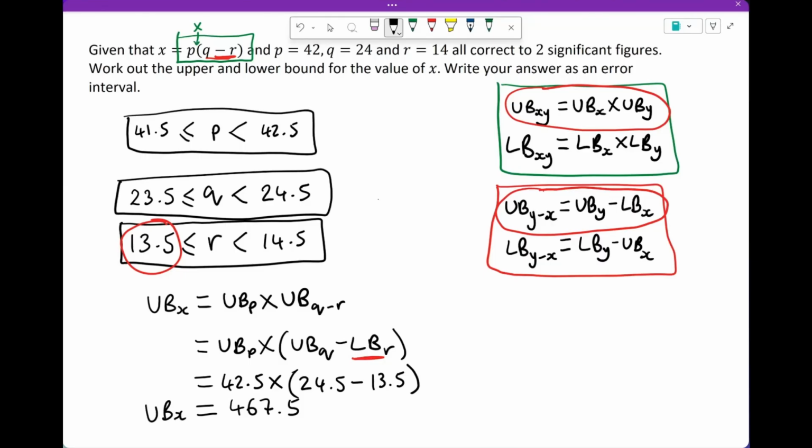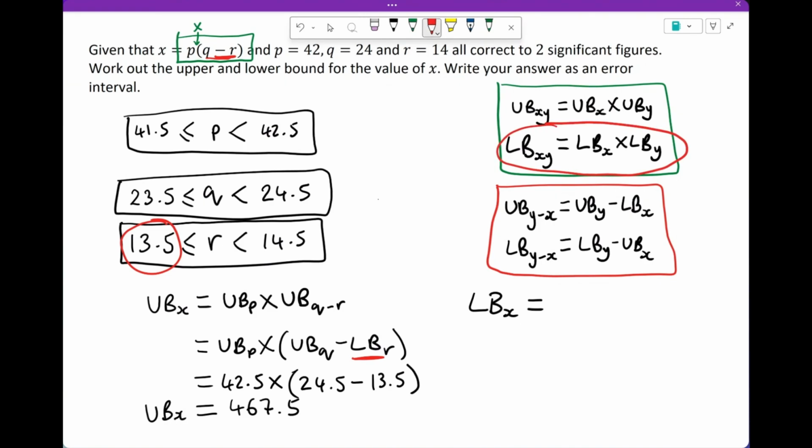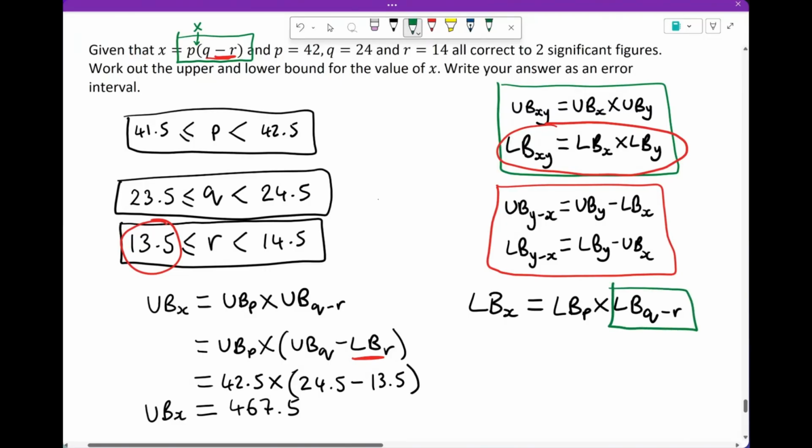Now let's consider my lower bound for x. So first off, let's consider the overarching calculation, which is a multiplication calculation. So we need the lower bound of multiplication, which is the lower bound times the lower bound. So I need the lower bound of P multiplied by the lower bound of the Q subtract R, which is in the brackets. But then what we're going to do is break up this lower bound of our subtraction even further.